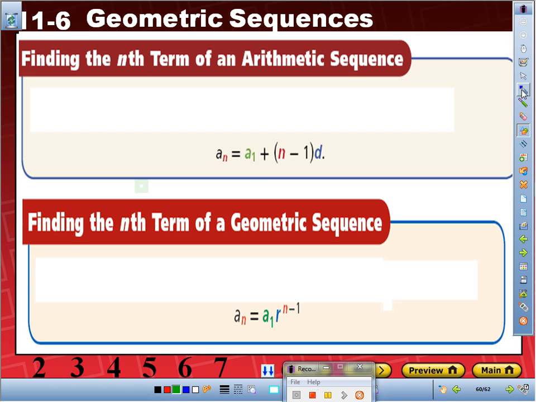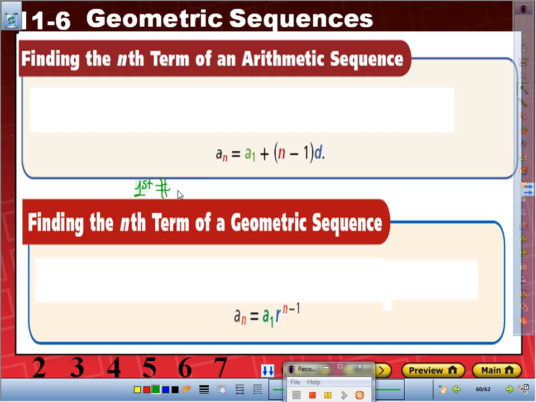A sub 1 is the first number in a sequence. So I'm going to point to this one and this one. That's where it goes. For example, if I say 1, 3, 5, 7, what is my first number in that sequence? Right there where it says A sub 1, the number 1 goes there.